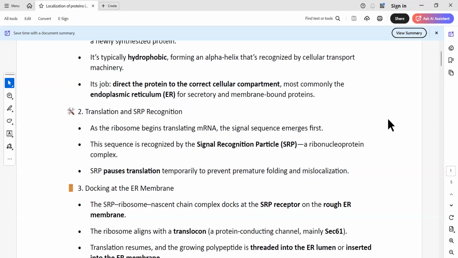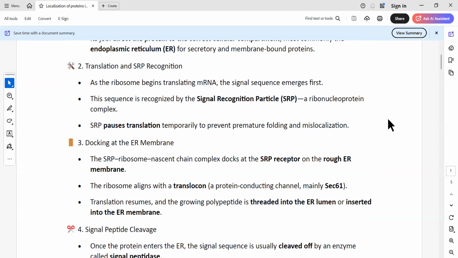If that happens, there is a high chance of mislocalization of the protein, মানে ভুলভাল জায়গায় চলে যেতে পারে যদি ওটা প্রিম্যাচিওরলি মানে সময়ের আগে ফোল্ড হয়ে যায়। তাই জন্য it's better that slowly when it comes out of the ribosome, its translation is stalled by the signal recognition particle. Now what happens?